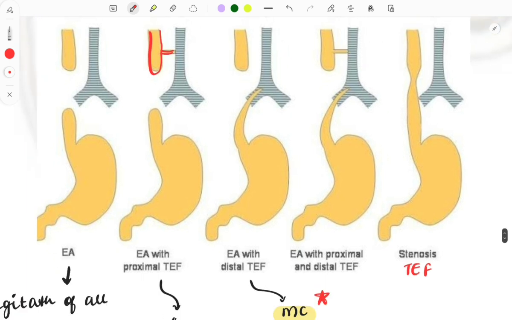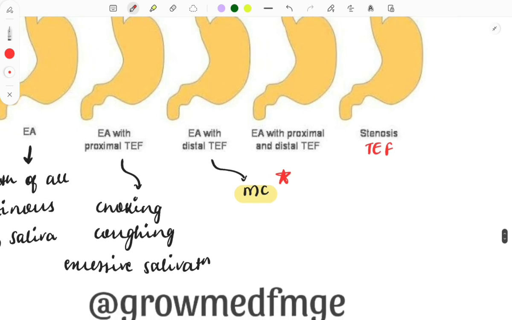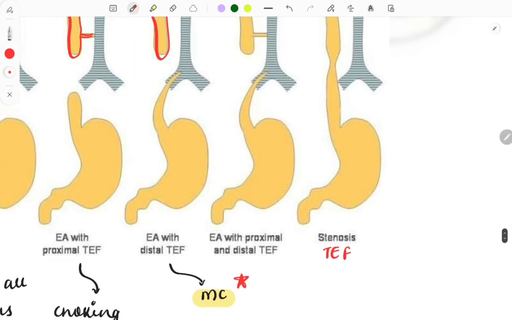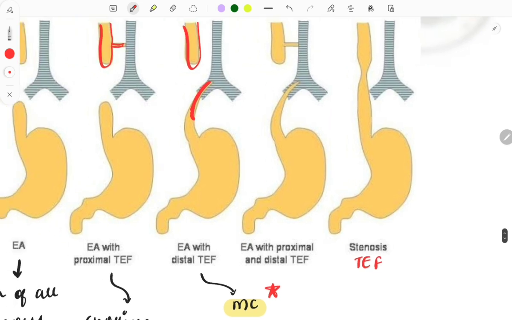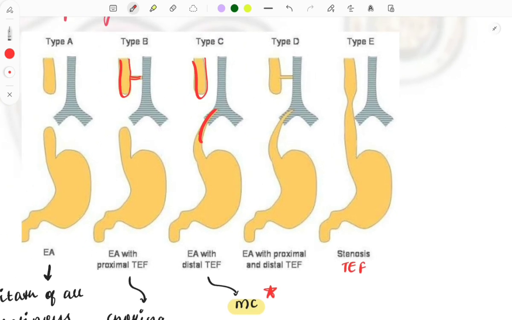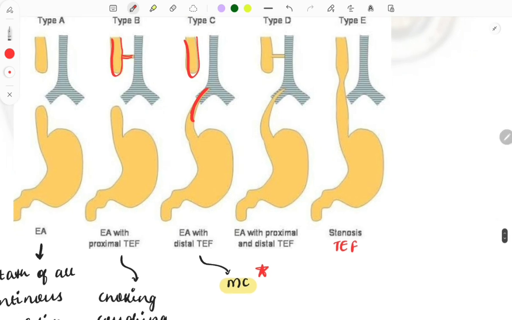And then the third, which is the most common type, what happens in this is esophageal atresia and distal tracheoesophageal fistula, formation of the fistula distally. And type 4, which is type D, what happens is there is esophageal atresia with proximal and distal TEF.